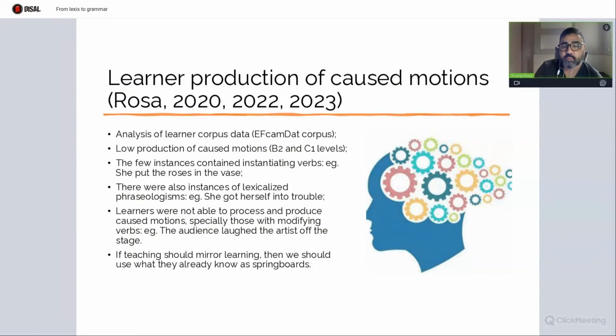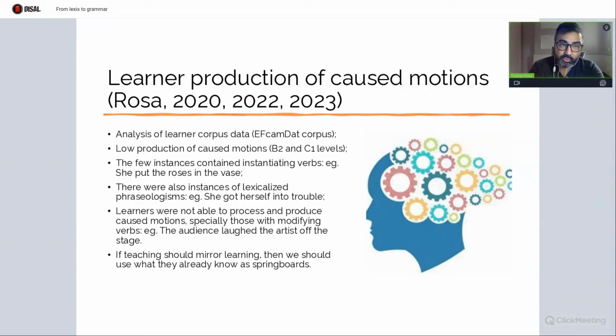So I looked at Brazilian Portuguese speakers learning English, both at the B2 and the C1 levels, but I also looked at the Spanish speakers, Italian, and French speakers. Some of the results I got were that all of these constructions had a very low level of production, even in B2 and C1 levels.